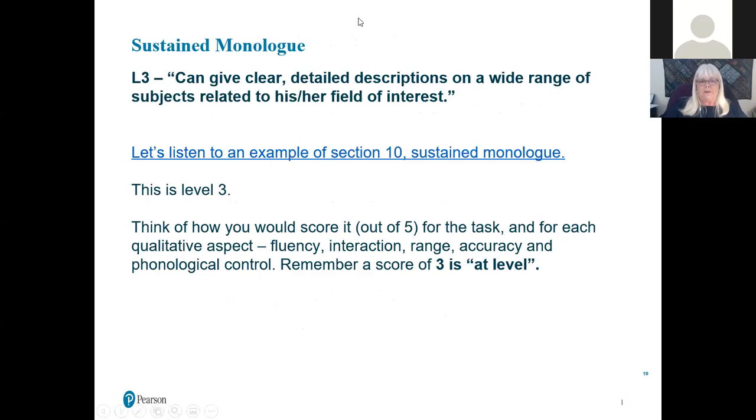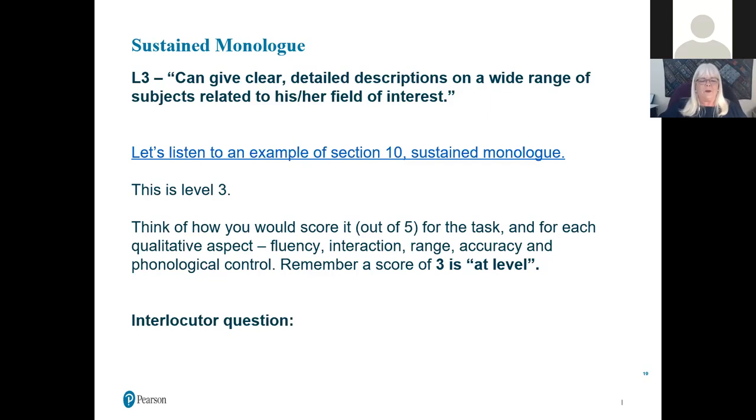And so that's the criteria for the sustained monologue task at the top. And then for each qualitative aspect, I know you don't have the mark scheme in front of you, but just for fluency, interaction, range, accuracy, and phonological control. You don't need to put your answers in the chat or anything. I won't be looking at those, but just for your own benefit, think what you would be doing that.